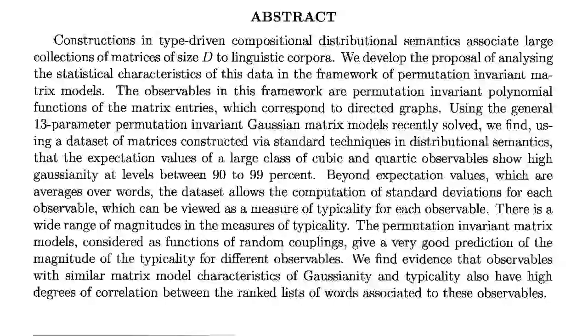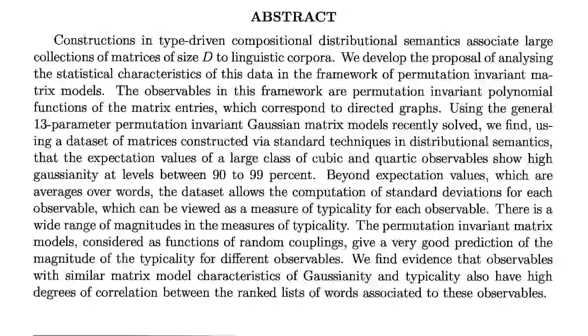And we developed the proposal of analysing statistical characteristics of this data in the framework of permutation invariant matrix models. Okay, so I don't know anything about that particular framework. The observables in this framework are permutation invariant polynomial functions of the matrix entries, which correspond to directed graphs. Sounds interesting.